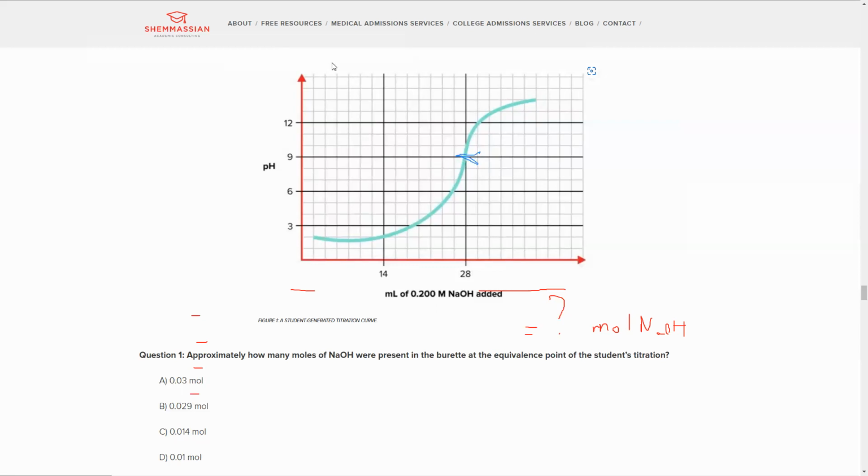Perfect. So you guys know, yes, the equivalence point is the midpoint of the steepest region. And so right over here is our equivalence point. So how does that help us with this problem? What is the link? How do we get to moles from there?